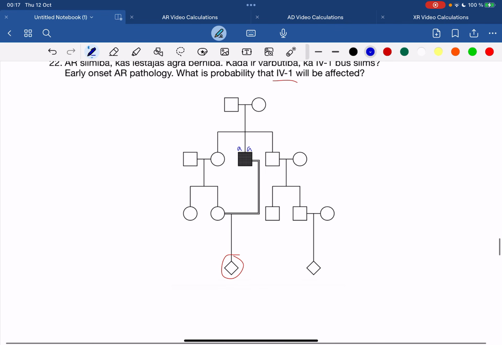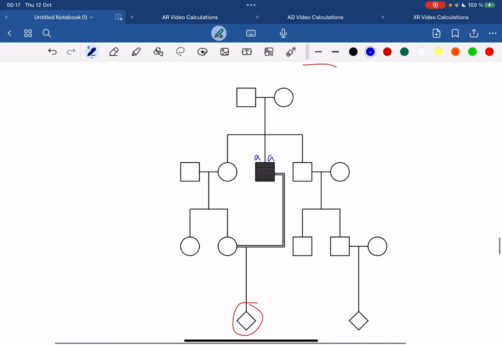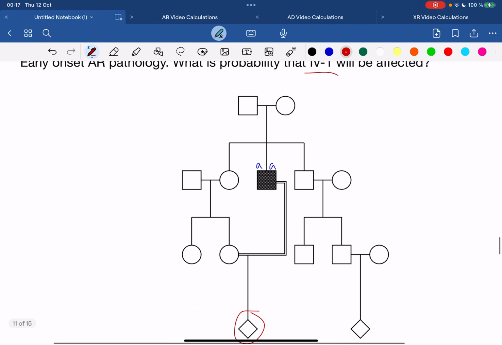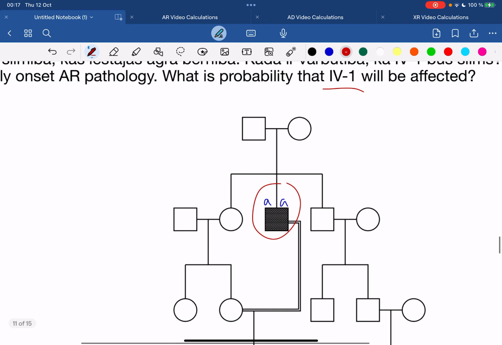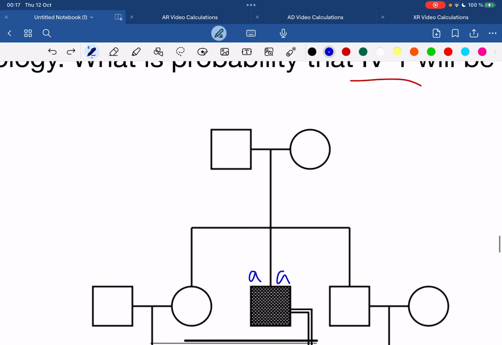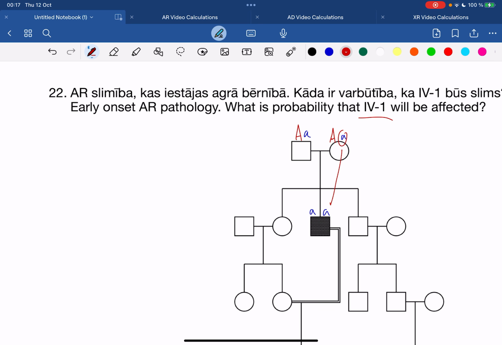The mother we're not sure about, but we can go according to the lineage. So if this guy is 100% a homozygous pathology carrier, then these people also have to be heterozygous carriers because one allele comes from the mom, one comes from the dad, and they're both healthy, so they both have to have the dominant allele.